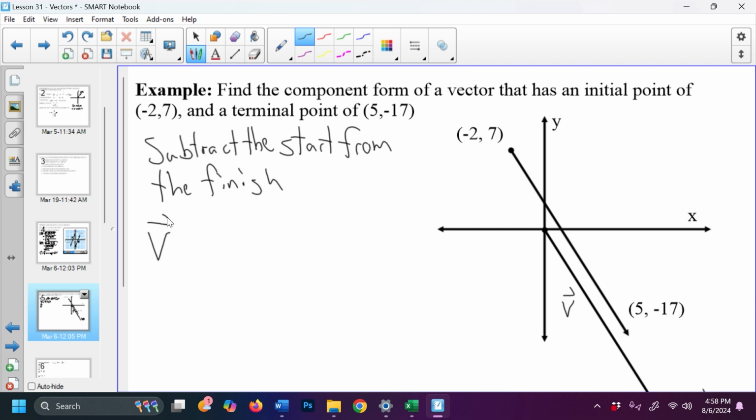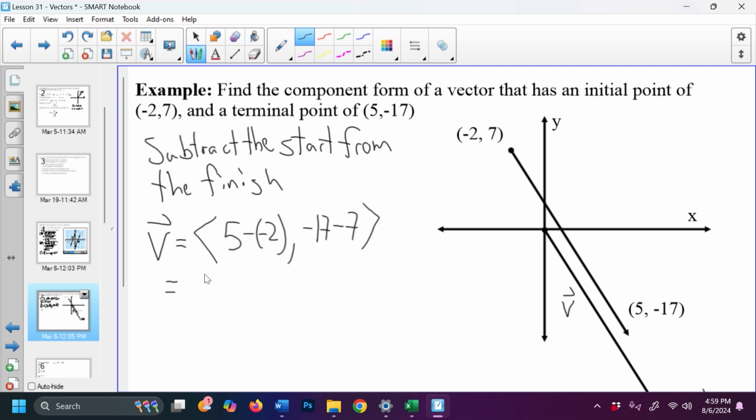My vector v will be equal to, and I'll use that bracket symbol because it is going to be a component form, and we'll subtract the start from the finish. So if I'm subtracting from, the finish comes first. So I'll go 5 minus -2, comma, -17 minus 7, and again we'll use that second bracket.